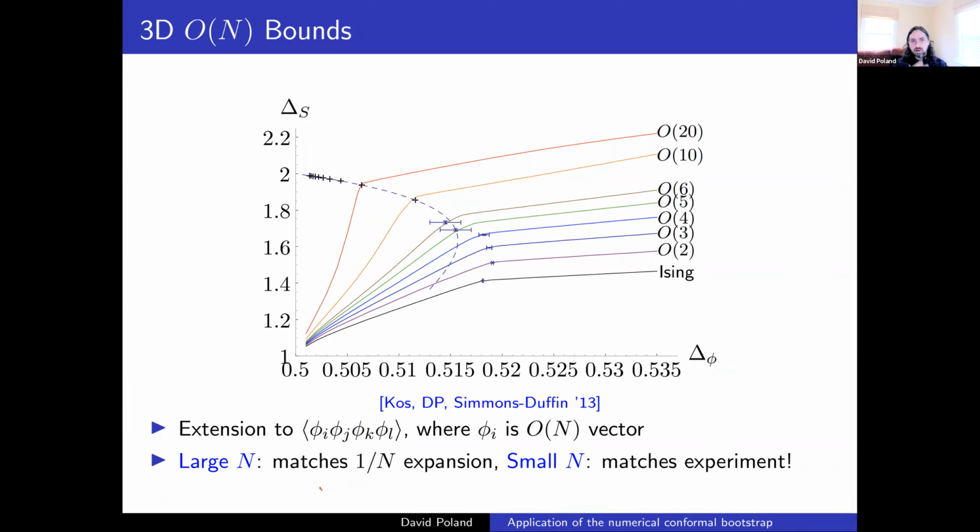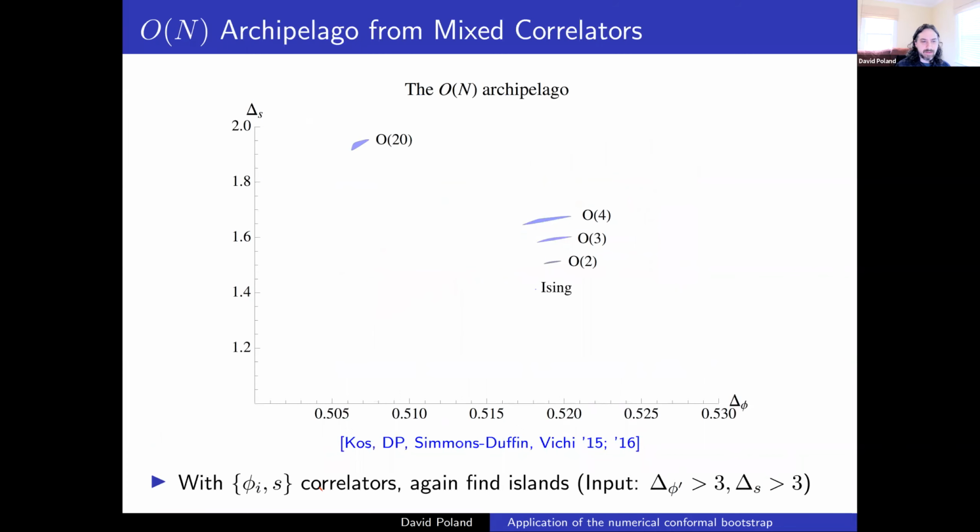You can then go to a larger system of 4-point functions involving phi_i and the O(N) singlet. And then you input that phi and the singlet are the only relevant operators in the theory. Sorry, this should be delta_phi' greater than 3 and delta_s' greater than 3. You assume phi and s are the only relevant operators in their symmetry representations.